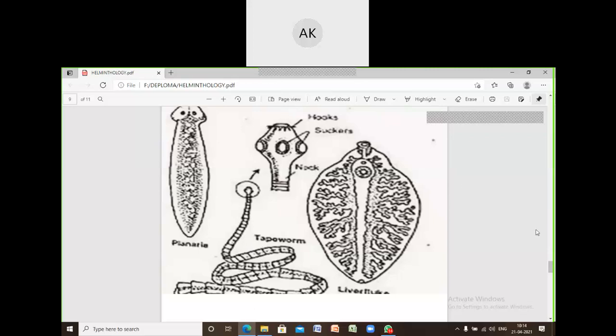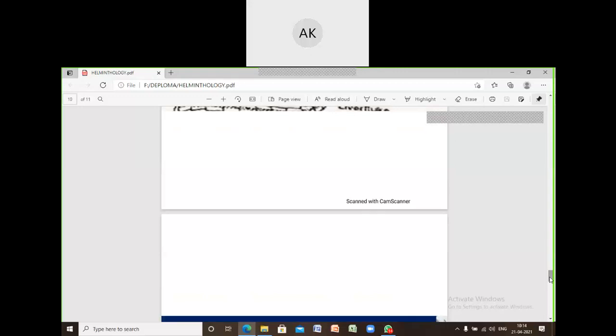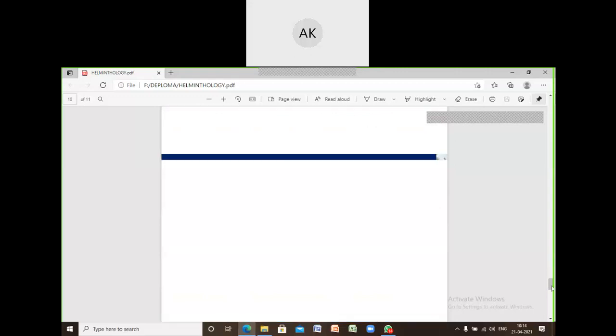So I'll give you the notes of this. Kindly print it out and study, okay. The last picture is not clear, so I'll give you a separate picture about this.